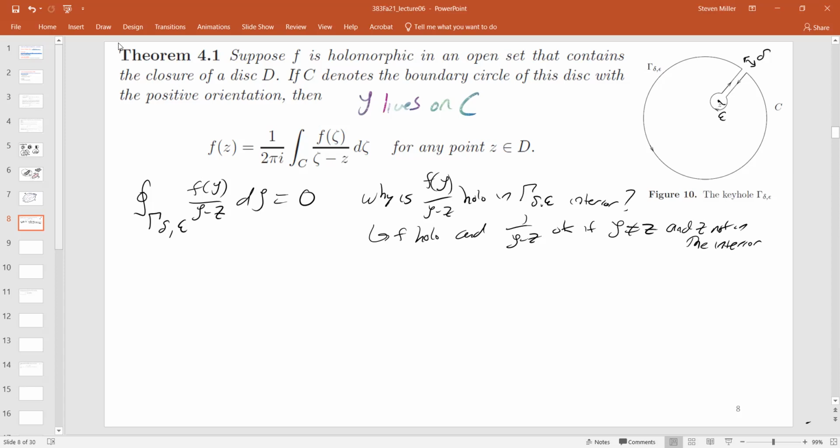Okay, z is not in the interior or boundary. We just have to make sure zeta minus z is not 0. So zeta can never be equal to z.